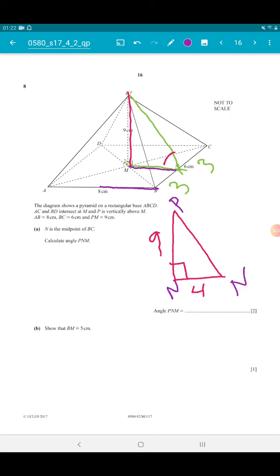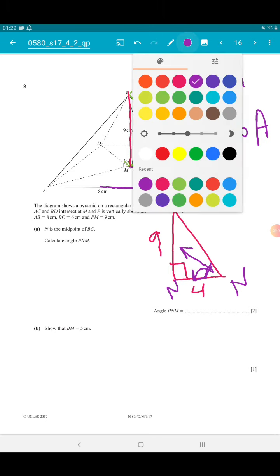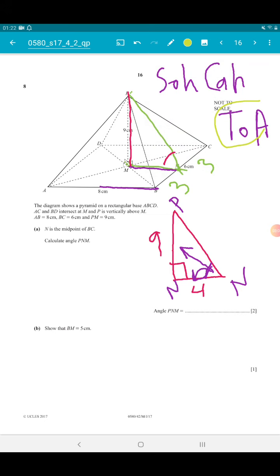So simply, to find this angle we use SOHCAHTOA. Look at this triangle. The opposite side is given, also the adjacent side is given, so you should use TOA.